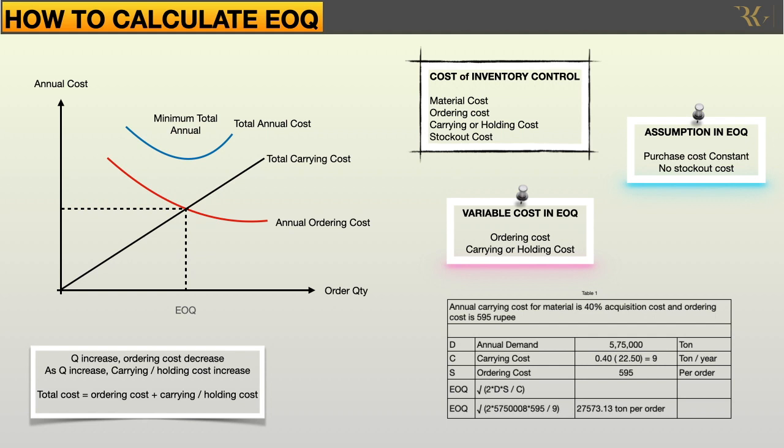So ordering cost is given as 595 per order. EOQ is the square root of 2 into D into S divided by C. It will be 27,573 tons per order. We must order this much quantity to have economy of scale in our inventory.